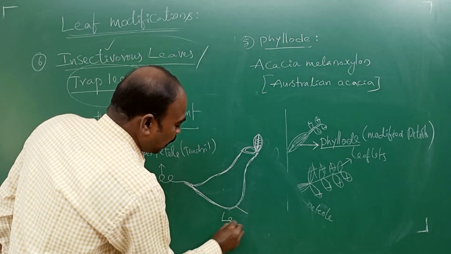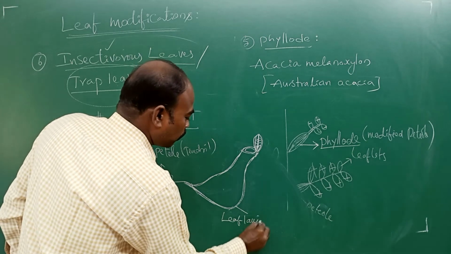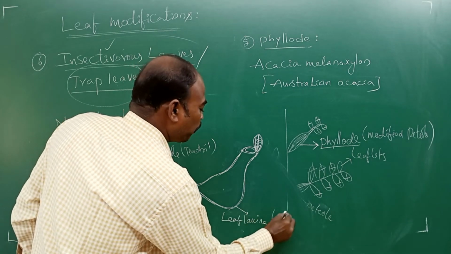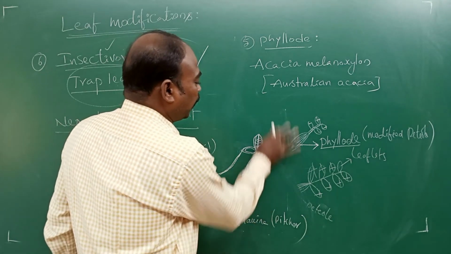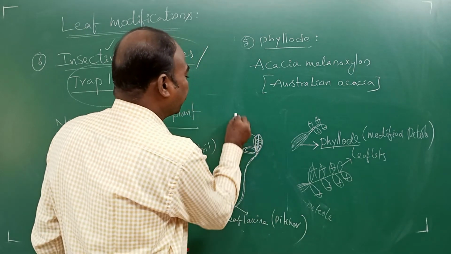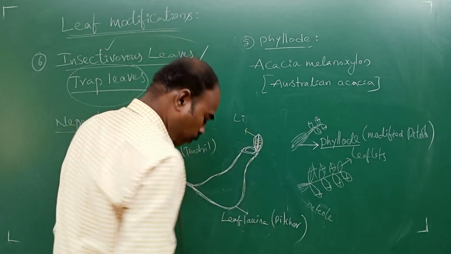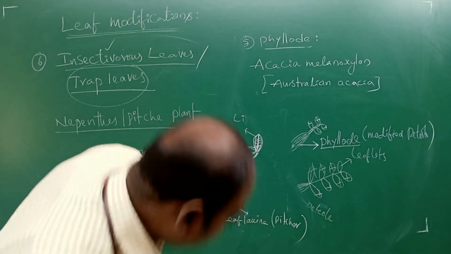this is the leaf lamina modified to pitcher, the tip of the leaf, lid, immovable lid.